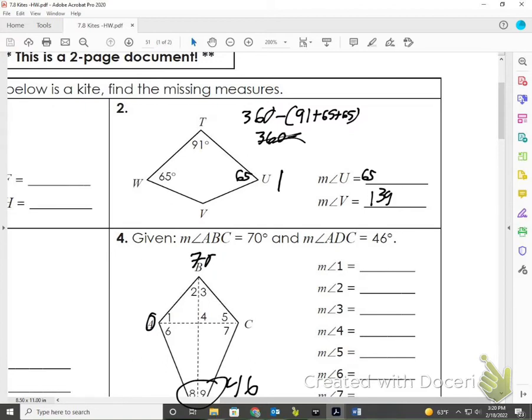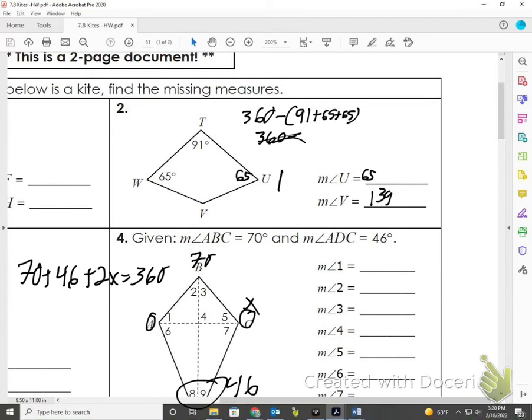Well, what do we do? Well, we know that A and C right here, they are congruent. So let's call them X, okay? So we know that 70 plus 46 plus 2x equals 360. Okay?